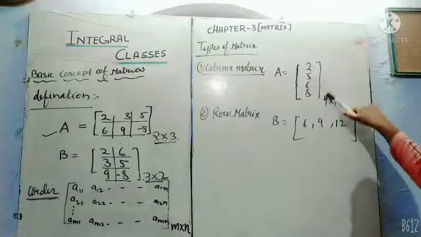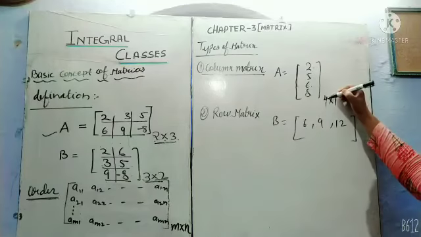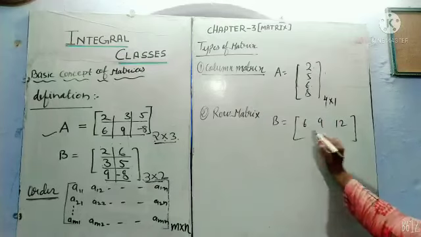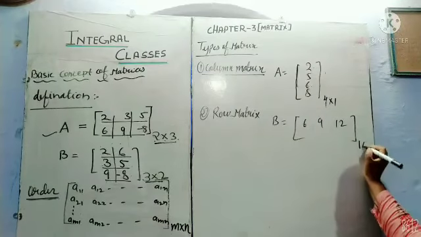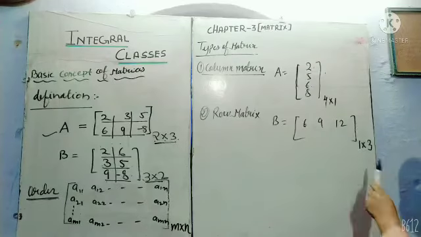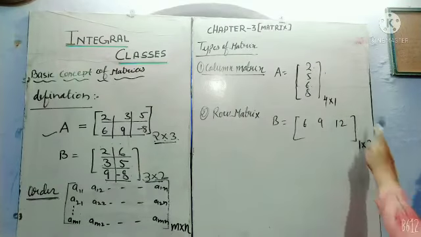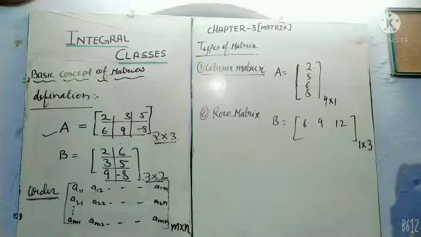In a column matrix, only one column is contained. Here, how many rows in the column matrix? 4 rows. And here how many columns? 3. So what is the order of this? 1 row and 3 columns: 1 cross 3. Always read it as 1 cross 3, 4 cross 1. Not multiply, it is the symbol for cross.